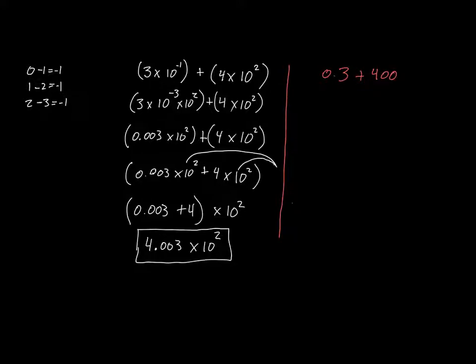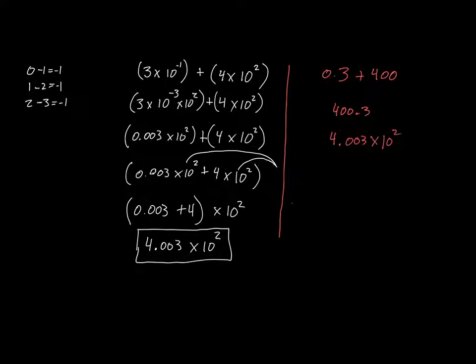Now, when you add these two numbers, you get 400.3. Now, 400.3 is not in scientific notation. So we need to move the decimal point 1, 2. So we're going to move that decimal point twice, and that will give us 4.003 times 10 to the second power.